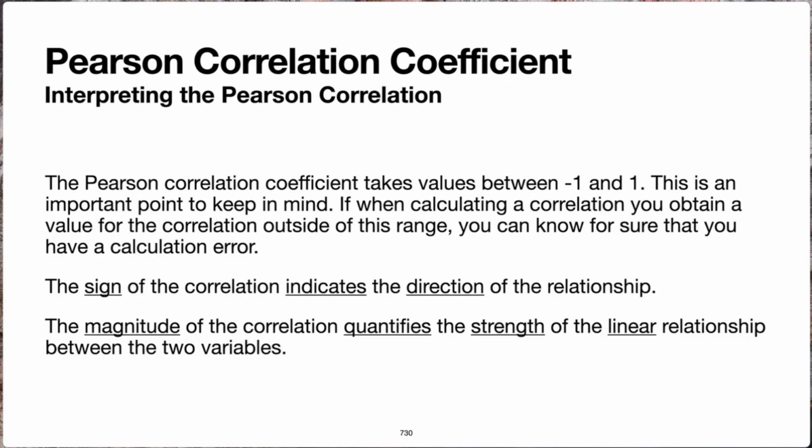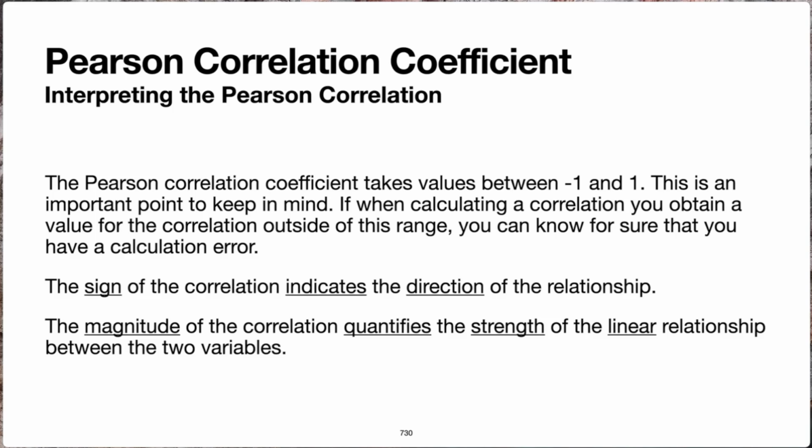If, when you are calculating a correlation coefficient, you obtain a value outside of this range, either less than -1 or greater than +1, then you can know for sure that you've got a calculation error, because, based on how the Pearson correlation coefficient is defined, it can be proven mathematically that it's always going to be between -1 and +1 inclusive.